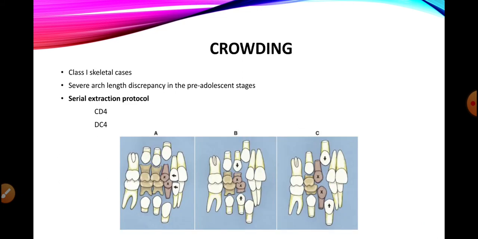Now, lastly, we'll be discussing the crowding that comes under class 1 malocclusion. So, usually in cases of class 1 malocclusion with severe crowding, where the patient presents to you at a pre-adolescent age, in a mixed dentition age, with severe crowding, I mean more than 5 millimeter of crowding per quadrant, in those cases we can use a serial extraction protocol.